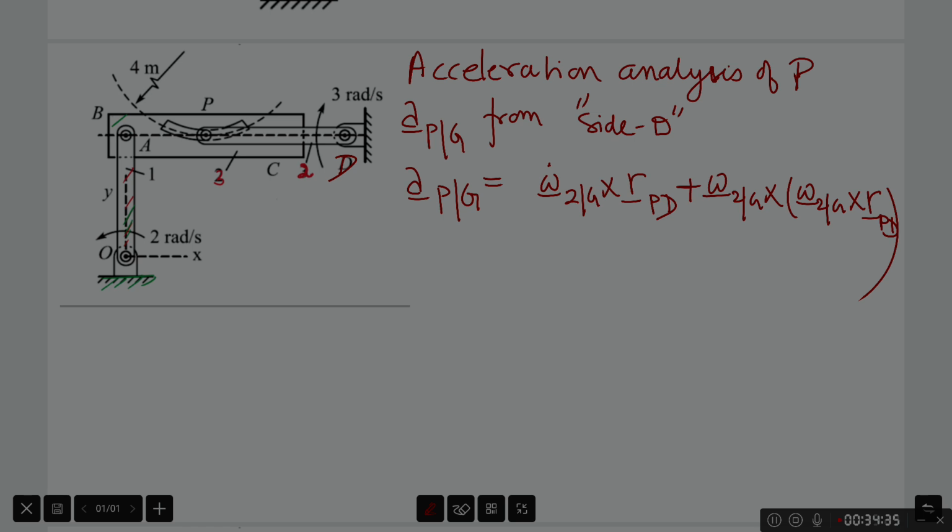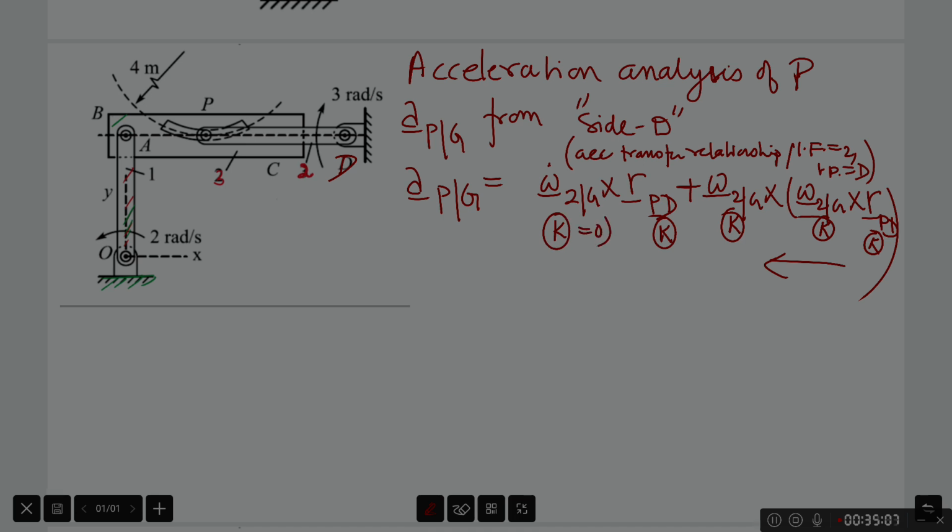I'm using the acceleration transfer relationship where IF is 2 and IP is D. Sweeping from right to left, this is a known quantity, this is also a known quantity, this is also known, and in fact, this is equal to 0 based on the problem statement.